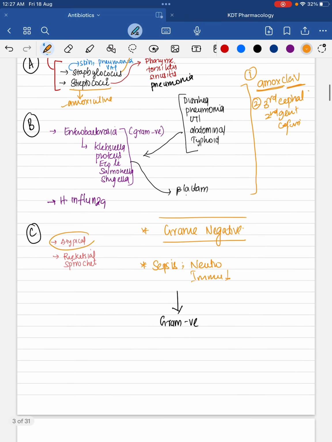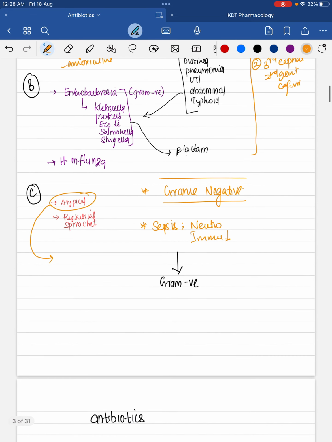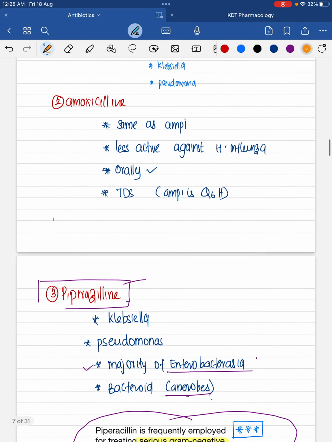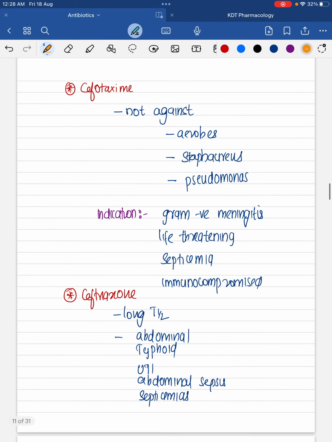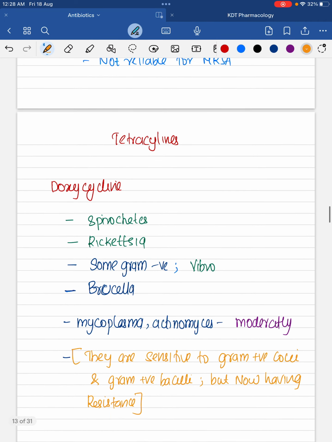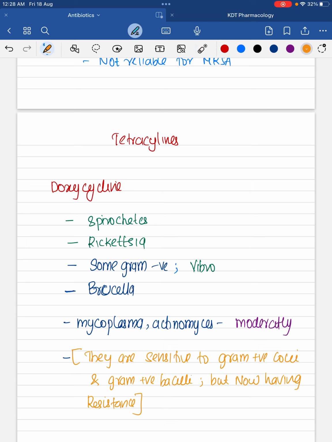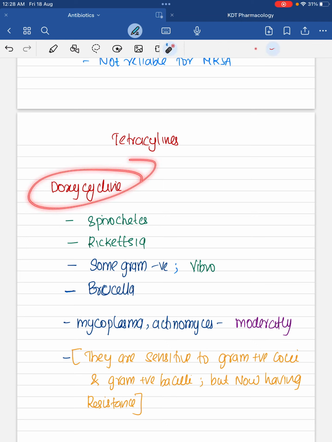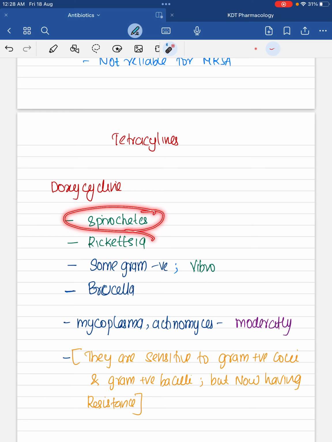So this much clear. Now we reached the atypical organisms. Which is covered by doxycycline?